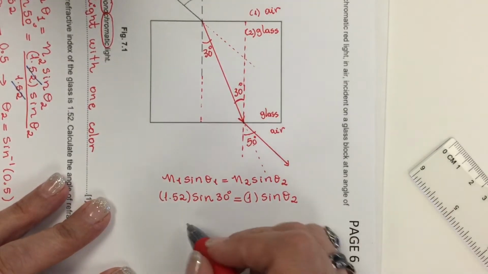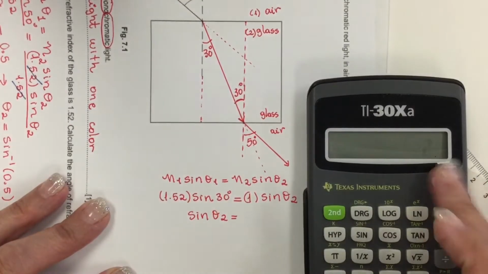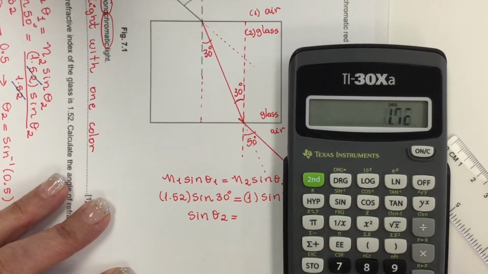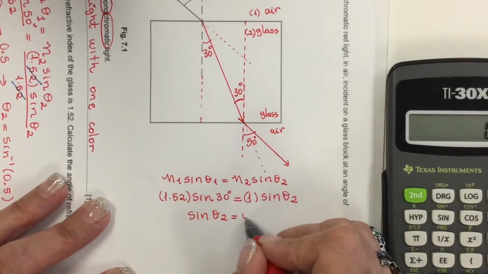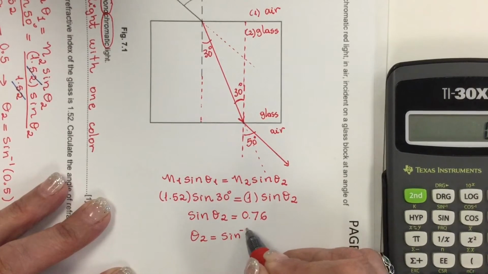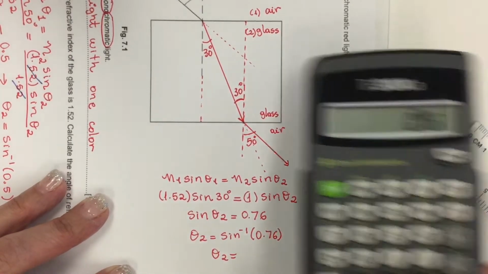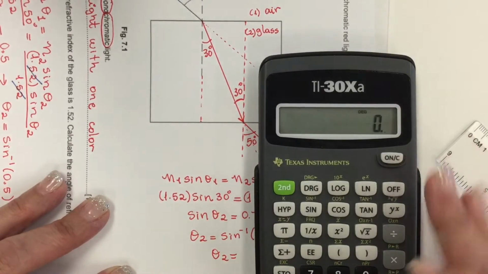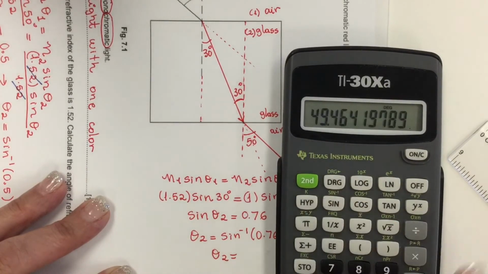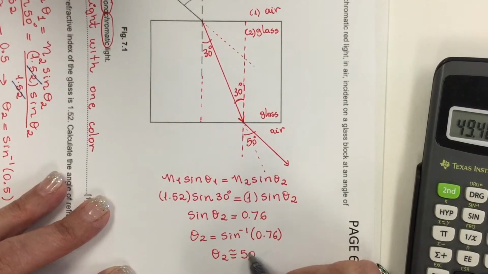So sine of this angle is sine of 30 times 1.52, which is 0.76, and this angle is inverse of sine of 0.76, which is 49.46, and we can round to 50 degrees.